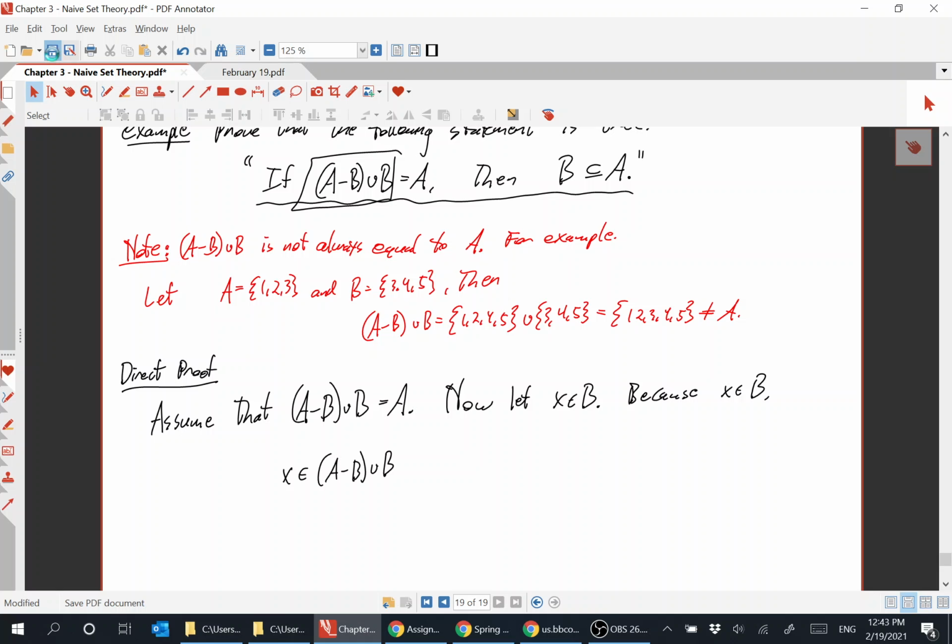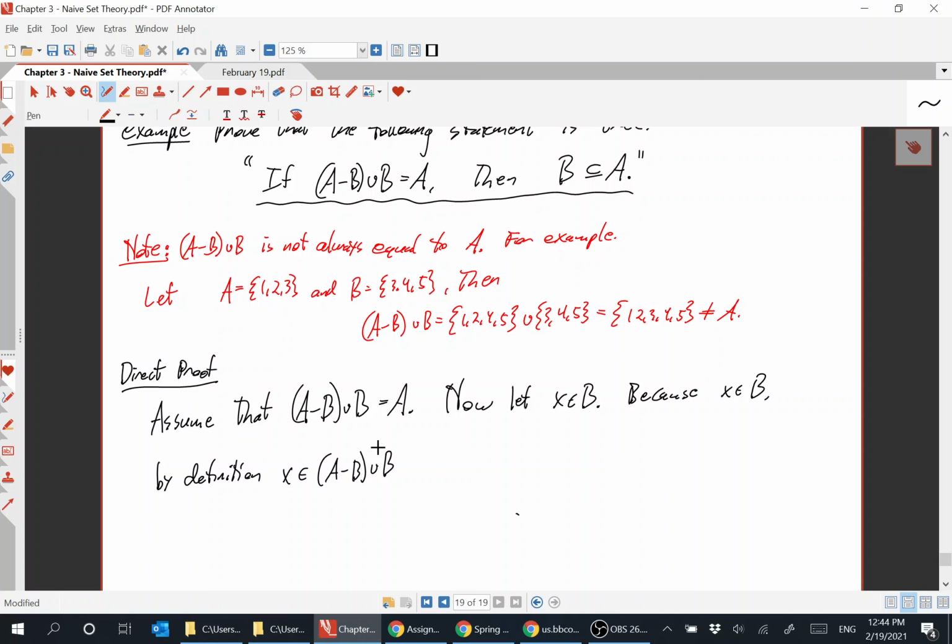Which means that x is in A minus B or x is in B. All right, but one need not go that far because we already know that set is equal to A. By assumption, that set is equal to A. So by definition of union, but yes, that could be a possible next step.